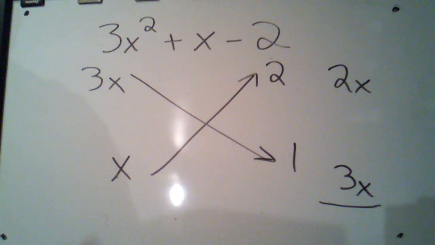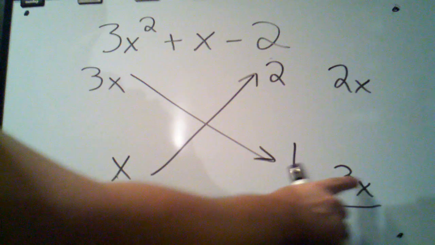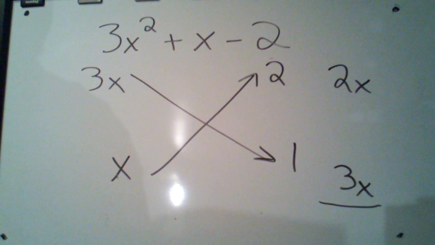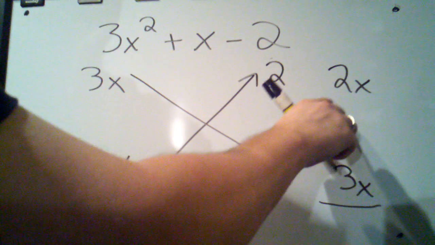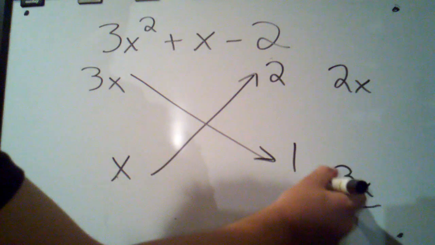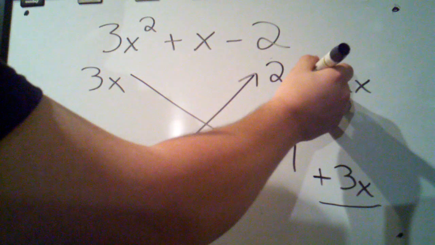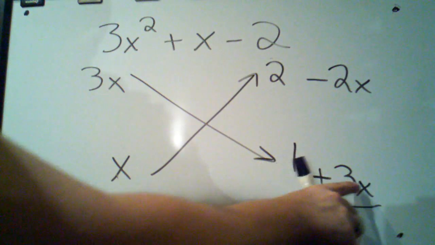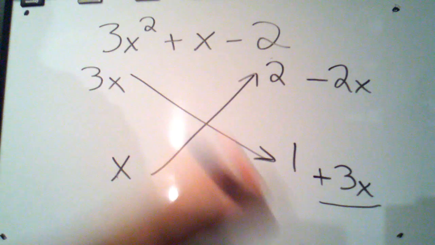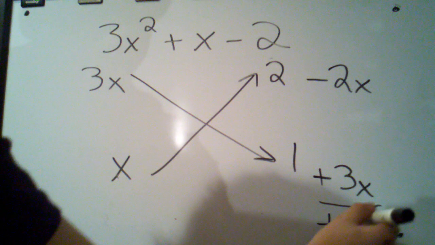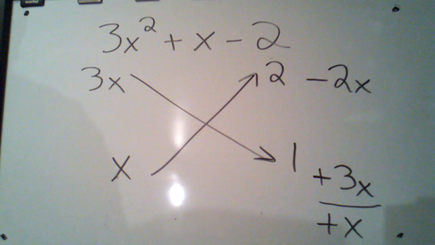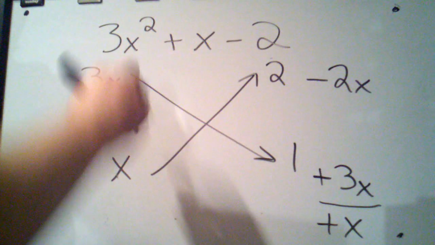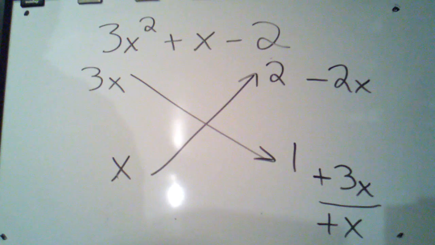And now I can look to see how I can make a 2x and a 3x equal a positive x. I know to make my 3 positive and my 2 negative, because minus 2x plus 3x is my positive x. Now that this matches this, I know that my two signs are correct.